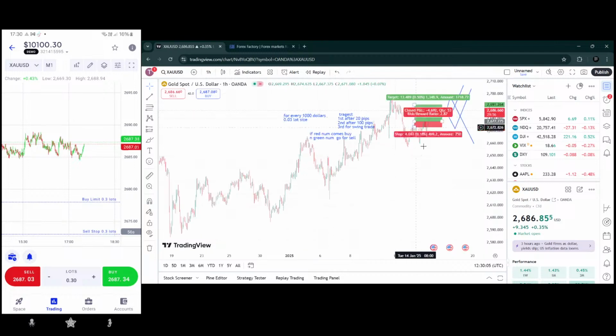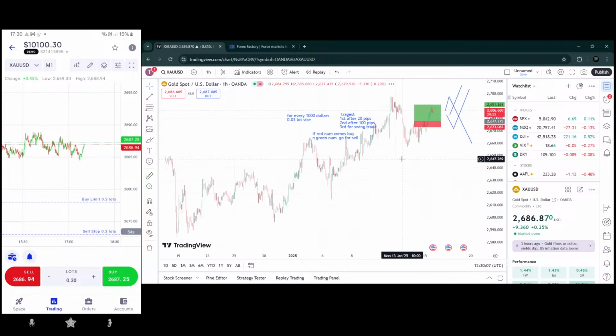Always go on higher time frames to see what is going on in the market.